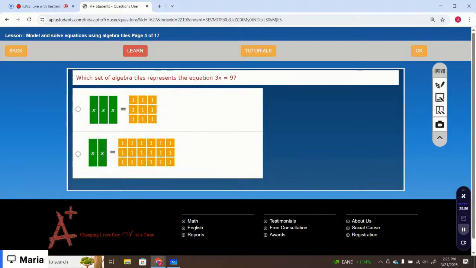Which set of algebra tiles represents 3x equals 9? Which is the correct option? That is option number 1. That represents 3x equals 9.